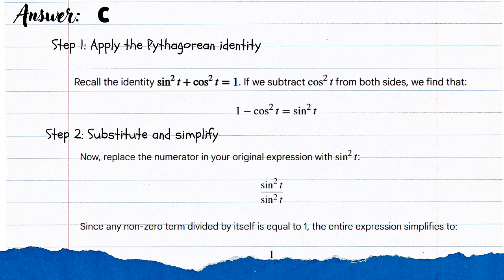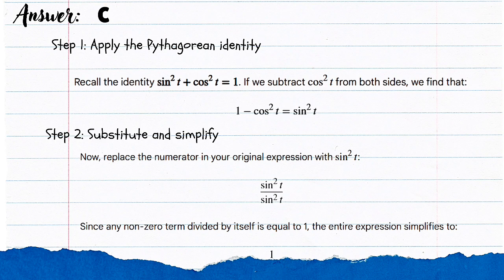Step 1. Apply the Pythagorean identity. Recall the identity sine squared t plus cosine squared t is equal to 1. And if we subtract cosine squared t from both sides, we find that 1 minus cosine squared t is equal to sine squared t.